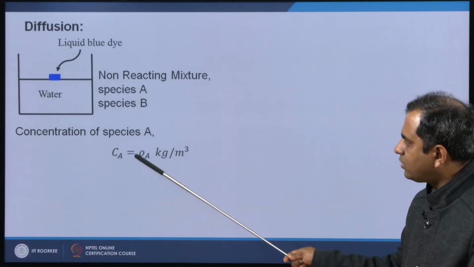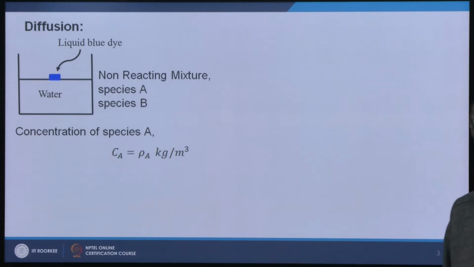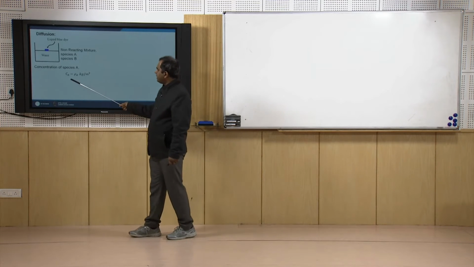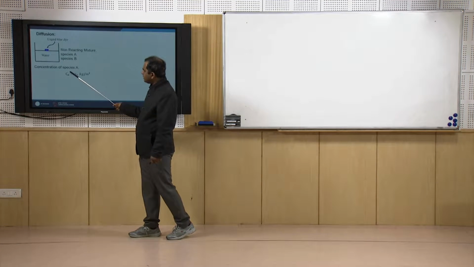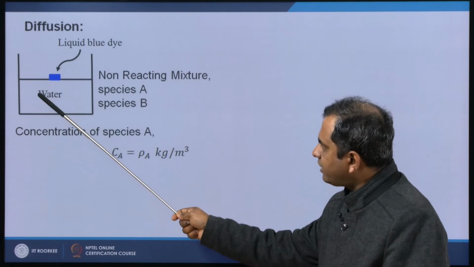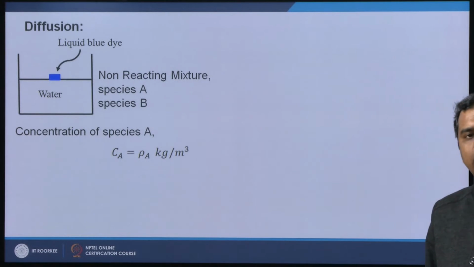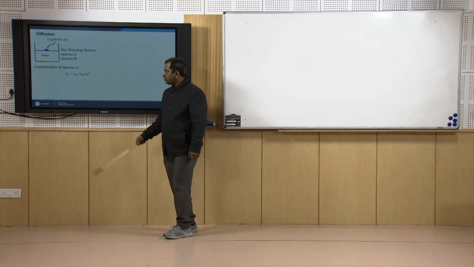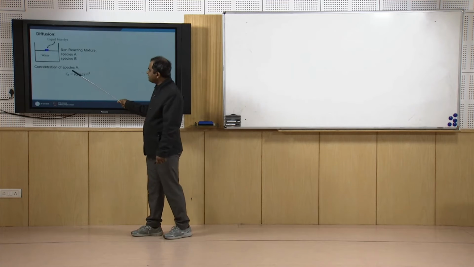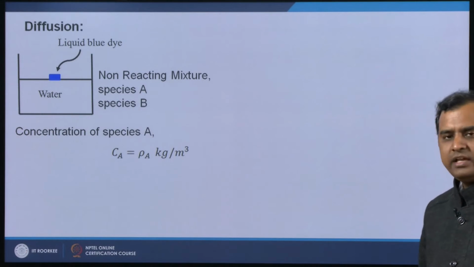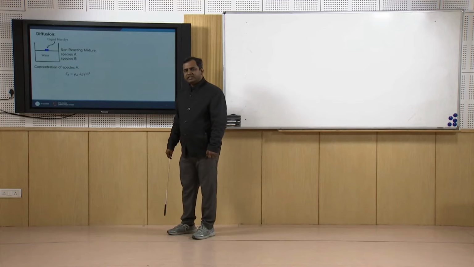Let us define the concentration as C. So, the concentration of species A is Ca. At a particular location, if you try to find the density of species A, that will be equivalent to the concentration. So, we write Ca is nothing but rho A, and the concentration will have the same unit, kg per meter cube, as density has.